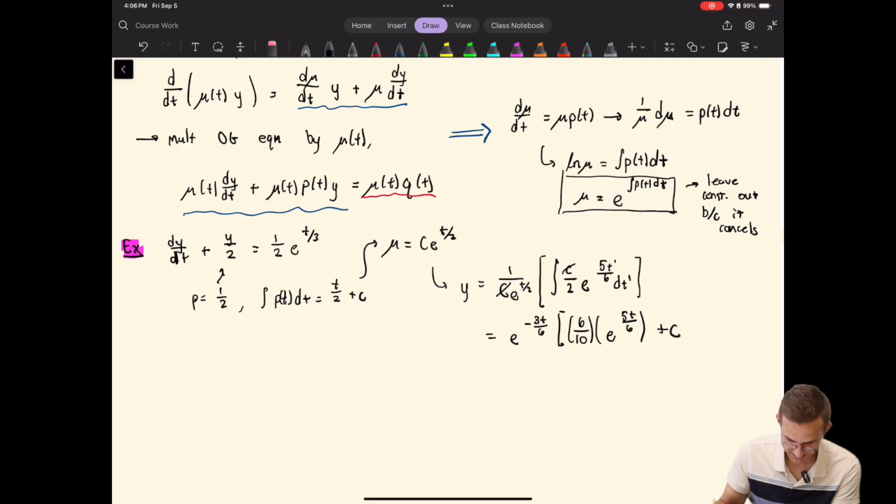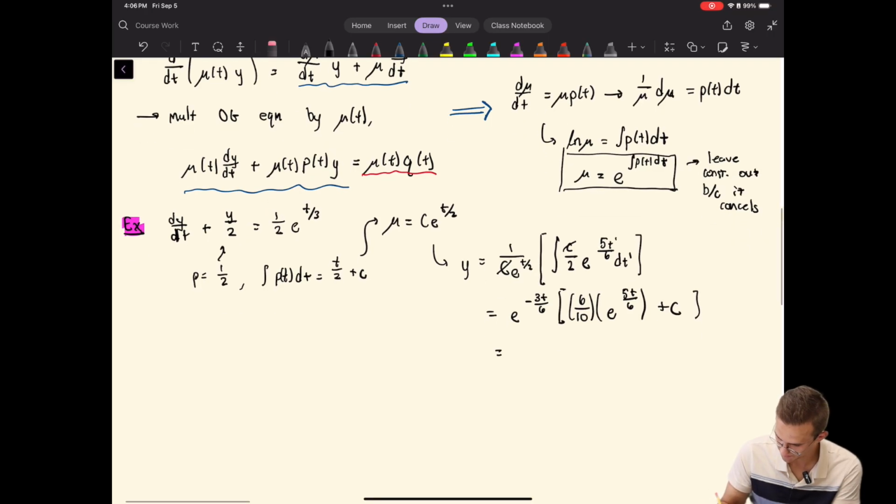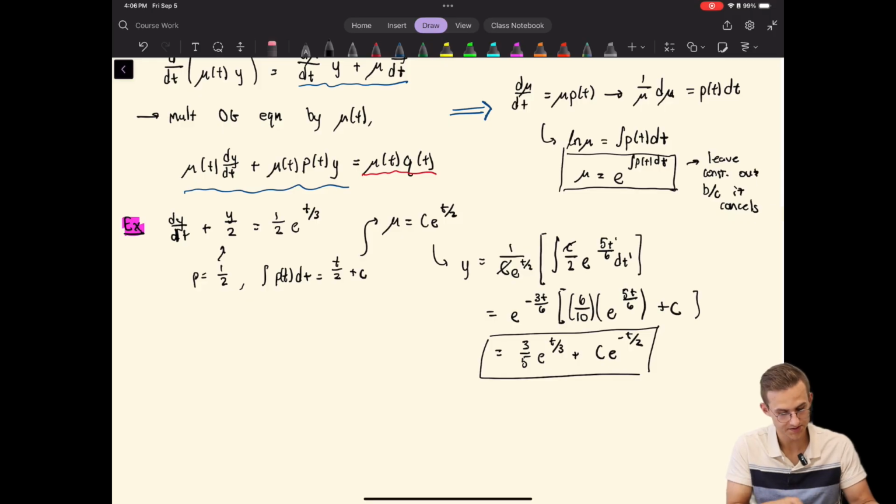It's the integration constant. And we obtain for our final solution 3/5 e to the t over 3 plus c times e to the minus t over 2. Okay, so that's just carrying out that integral. We get that nice solution in the end.